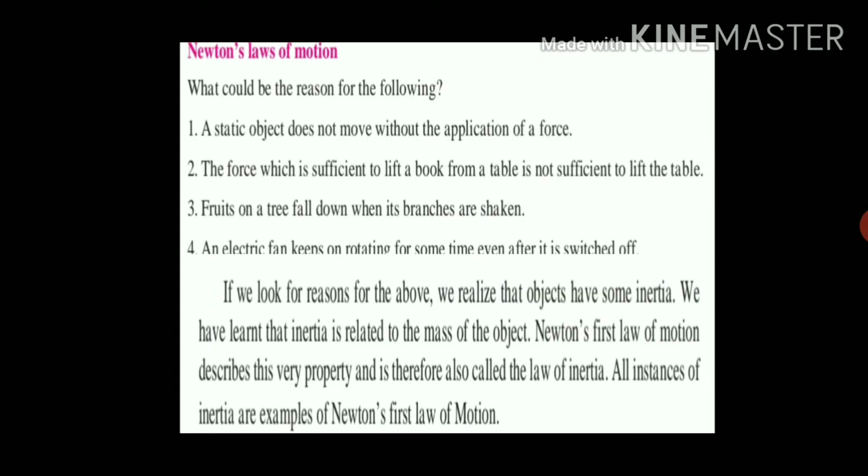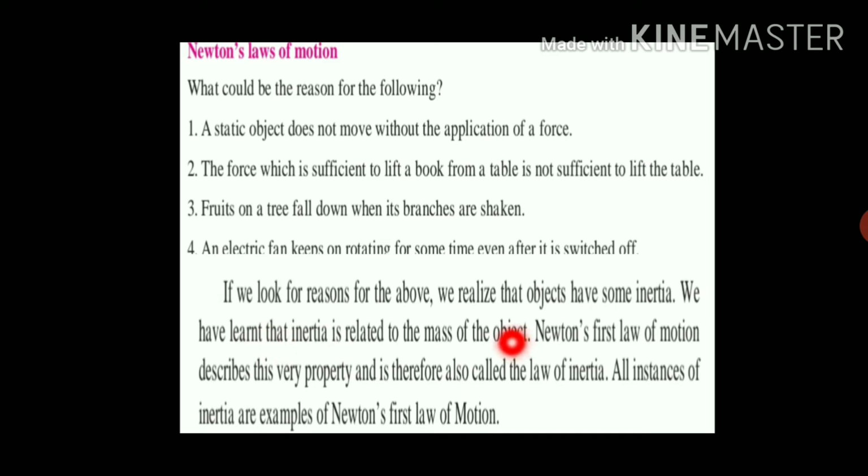From all these examples, we can learn that inertia is related to the mass of the object. Newton's first law of motion describes this very important property of objects, which is called inertia. All the instances of inertia, means all the examples of inertia, are examples of Newton's first law.